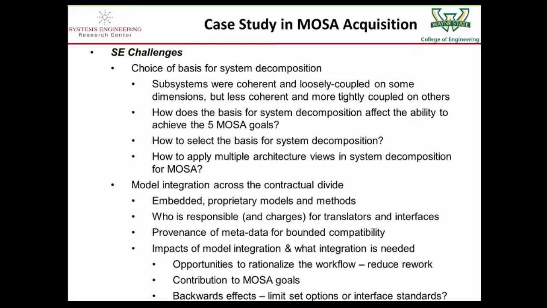So the question that I want to pose is, when we look at an architecture, when we do our system decomposition, how does that decomposition affect the ability to achieve those 5 MOSA benefits? And when we look at the different MOSA benefits and the priorities of them, what would that say about how the system architecture ought to be developed in the system decomposition?